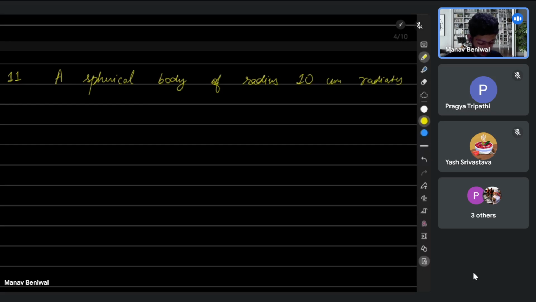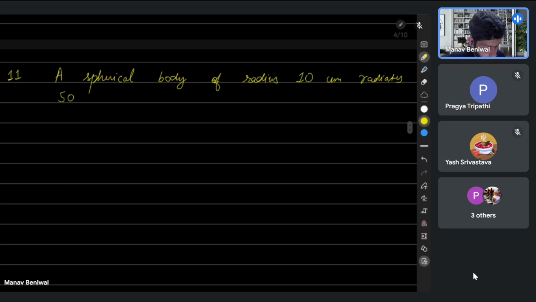You are given the radius as 10 centimeters, and it is radiating 500 watt power at 500 Kelvin temperature.